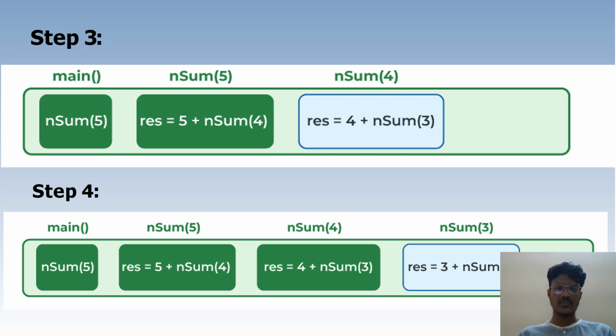In step 4 it continues the same way. The main function is fixed, nsum 5 is also fixed, and nsum 4 is also fixed. The new one is nsum of 3, or recursion, equal to 3 plus nsum of 2.